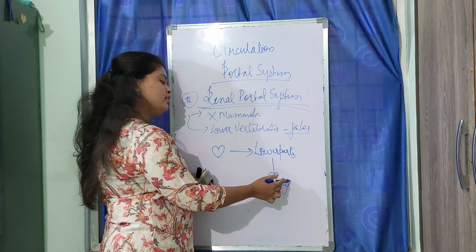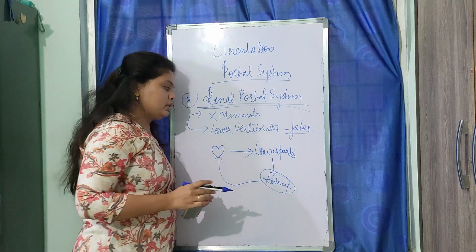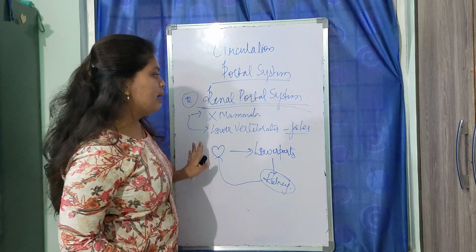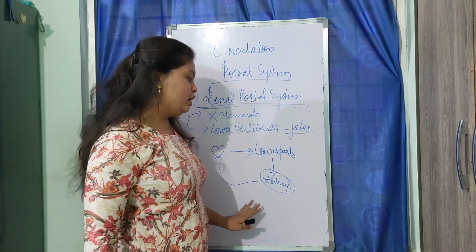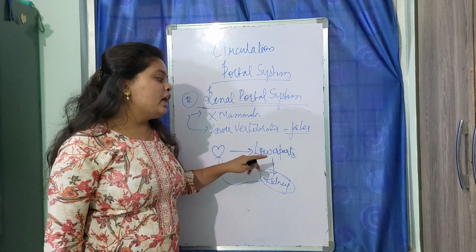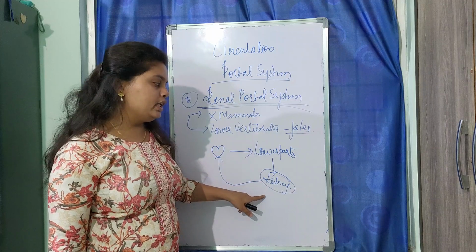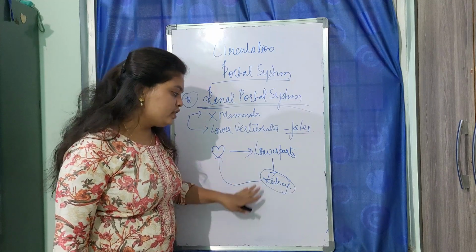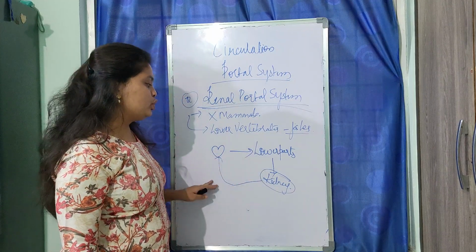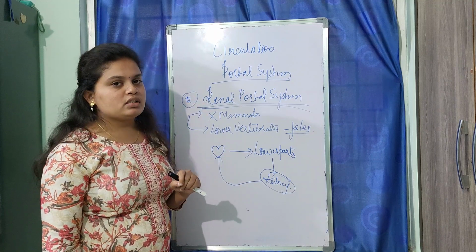And after the visit to the kidney, this blood is going to come back to the heart. This is all that happens in the renal portal system, where the heart sends blood to the lower parts of the body, and after visiting them, this blood goes to the kidney instead of the heart, and after visiting the kidney, it comes back to the heart. This is what happens in the renal portal system.